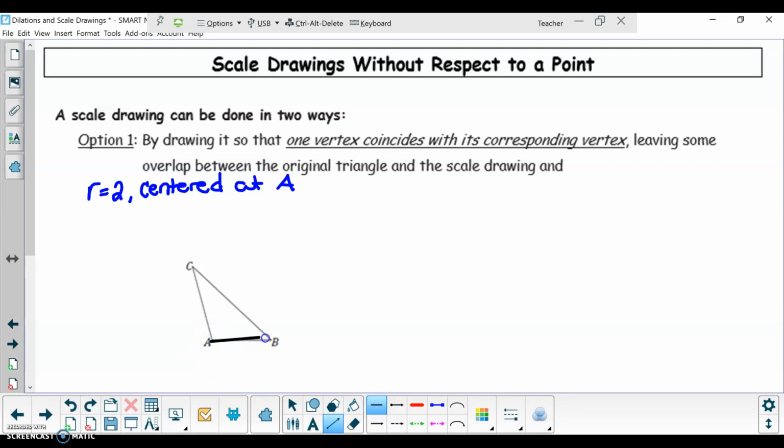I'm going to extend segment AB nice and long, and extend segment AC nice and long. Point A doesn't move because that's my center of dilation.